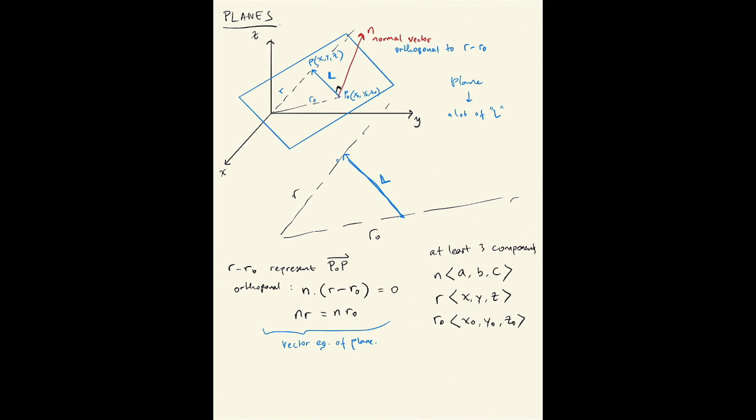From the initial point P0, if you have the initial point with the normal vector, the equation of the plane will be in scalar form.